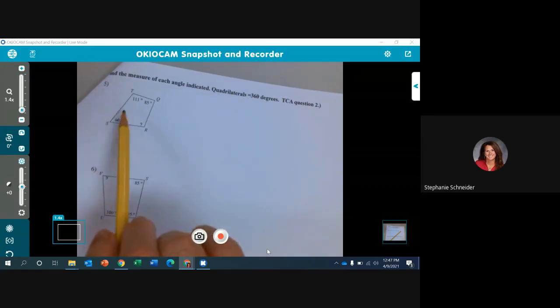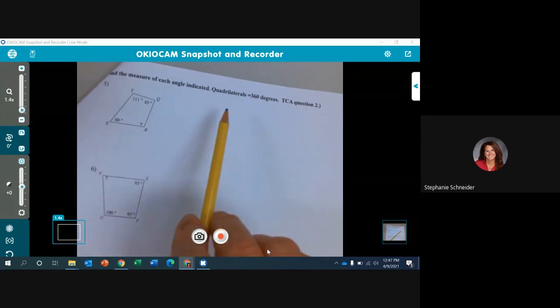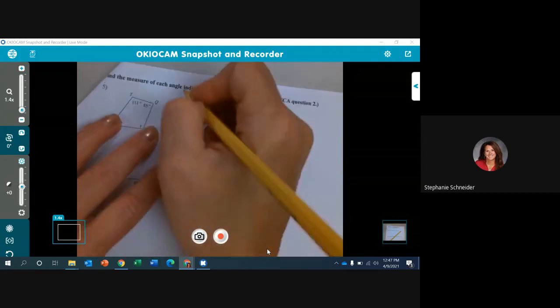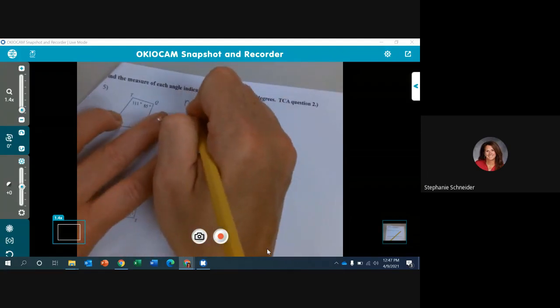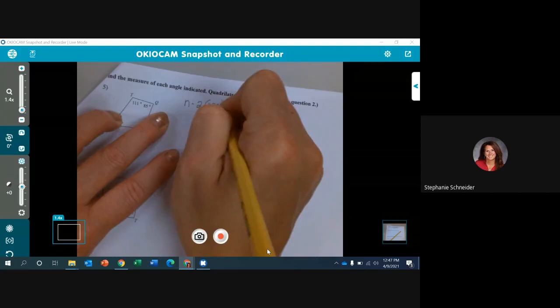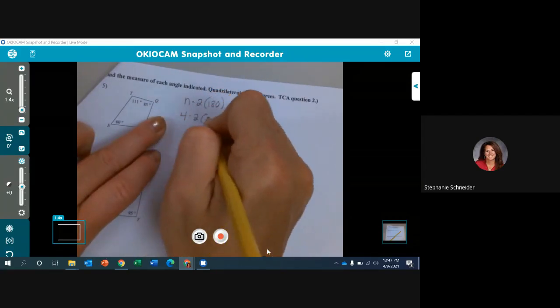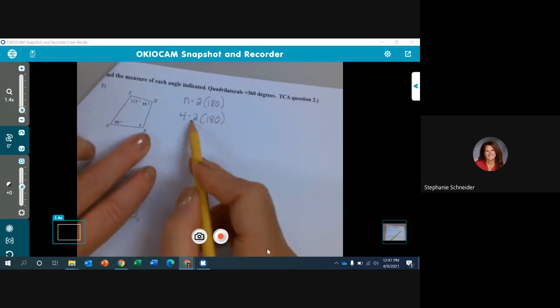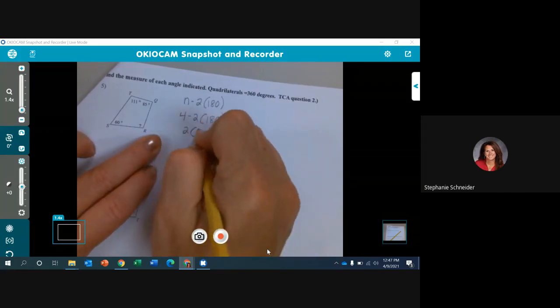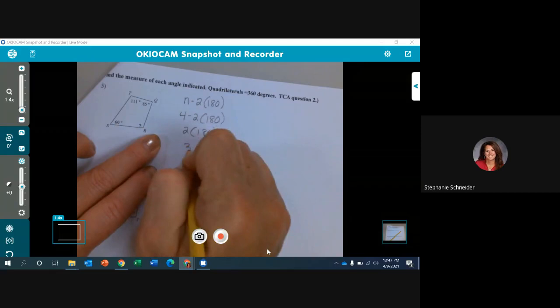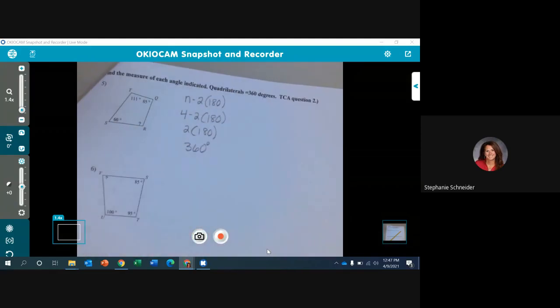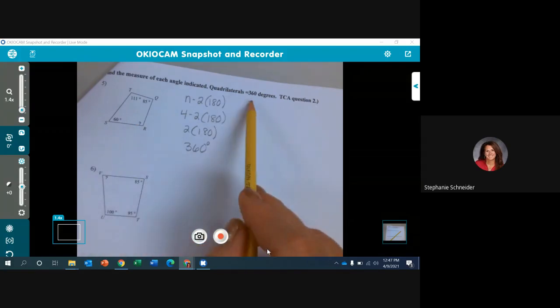We can still use that same n minus 2 times 180 trick because if we have four sides, so 4 minus 2 times 180, well, 4 minus 2 is 2, and 2 times 180 is going to give us 360 degrees. But for the most part, I think all of us are familiar now that any four-sided figure has 360 degrees.